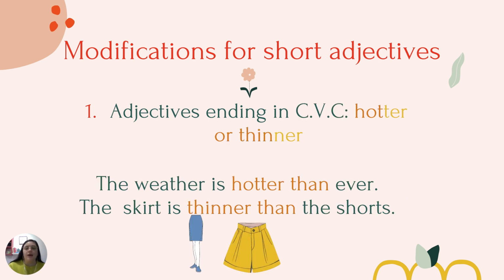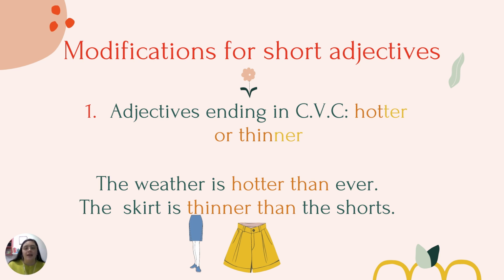Okay? Now the last modification is that adjectives that end with the CVC, that CVC stands for consonant vowel consonant. In the case of hot or thin, you are going to double that last consonant.